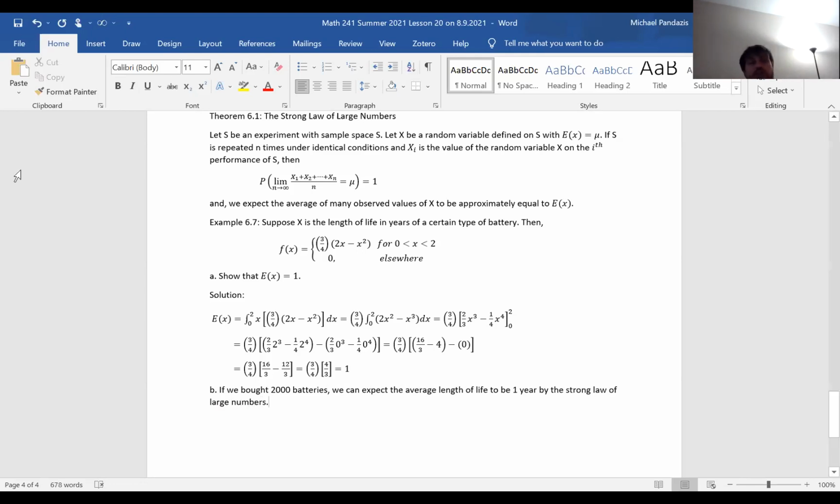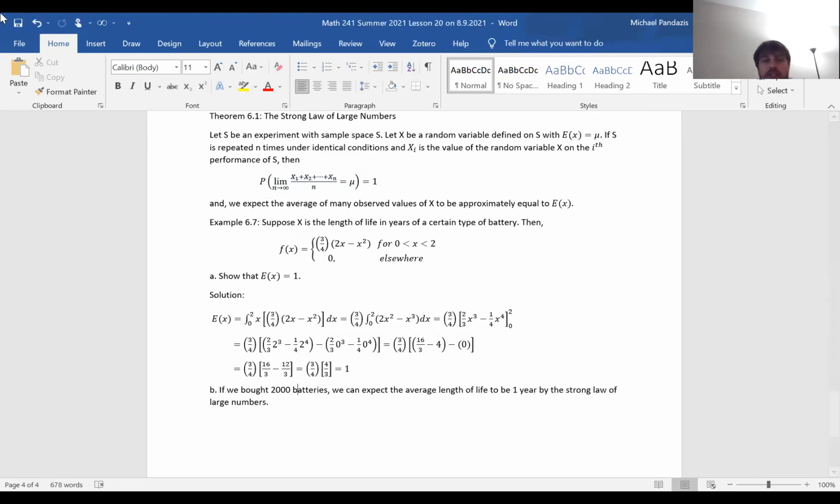Okay, I'm just telling you something. So, right, the strong law of large numbers tells you that the probability that the average is the expected value is about 1 for really large n.